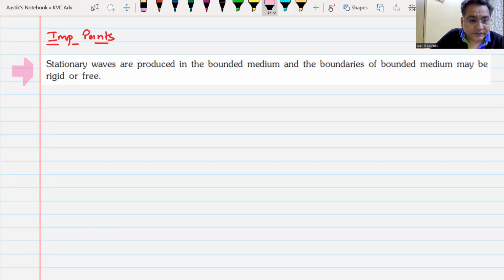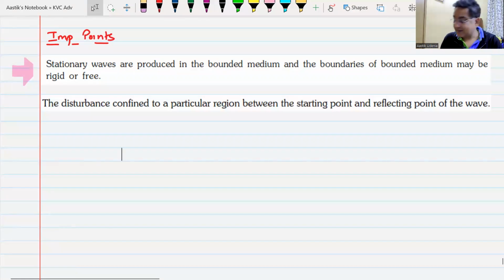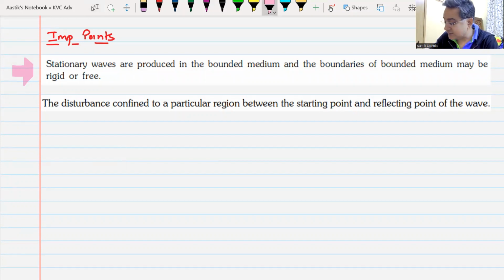Now remember, this disturbance that is produced is confined. So it has to be happening in a bounded medium. The disturbance is confined to a particular region. So stationary waves are confined. They are not free to move everywhere. They're confined. Do we understand this?